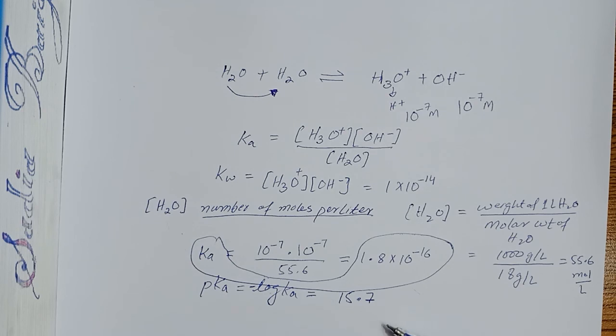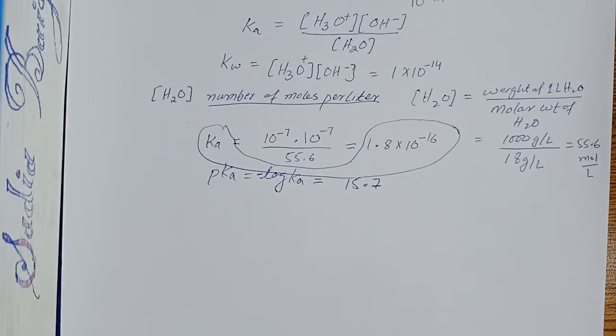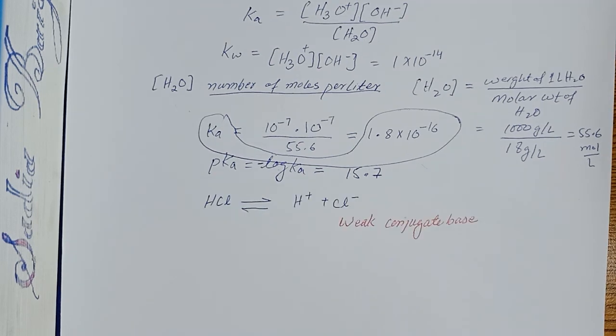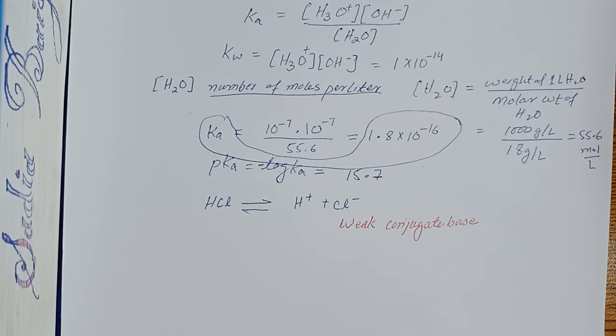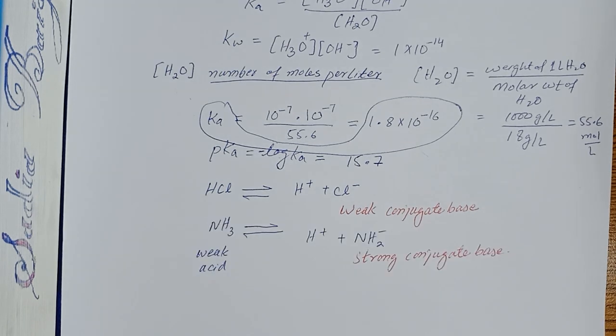It is showing that the solution is neutral, and variation from this value gives acidic or basic solutions. A strong acid always reacts to form a weak conjugate base, and a weak acid always reacts to form a strong conjugate base.